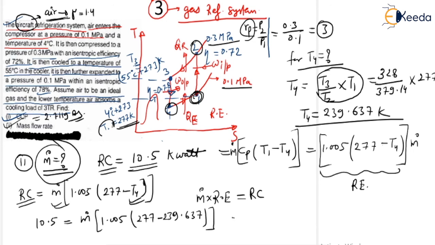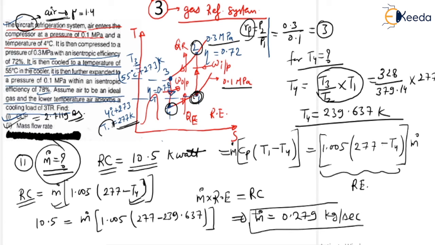Okay, so your final mass flow rate is nothing but 0.279. 0.279 is your final mass flow rate, in kg per second, because this is a rate and denoted by m dot. So by this dot we divide by second. So the value of mass flow rate is 0.279 kg per second.